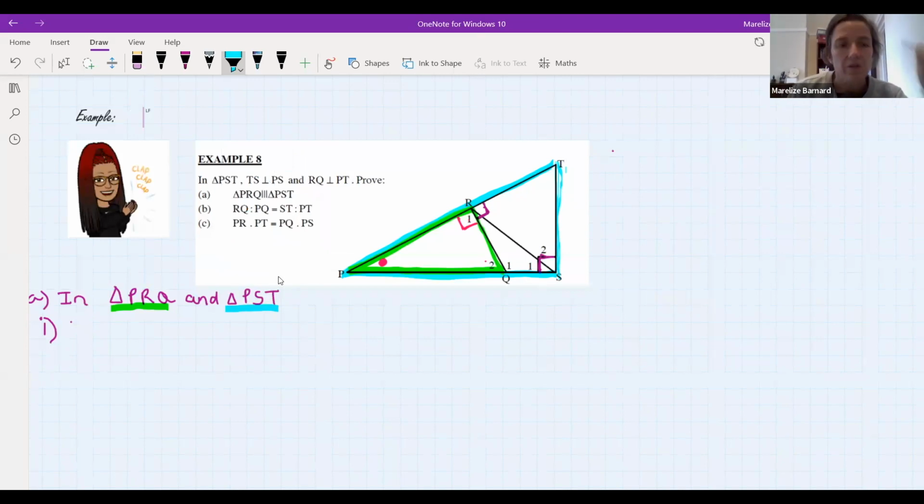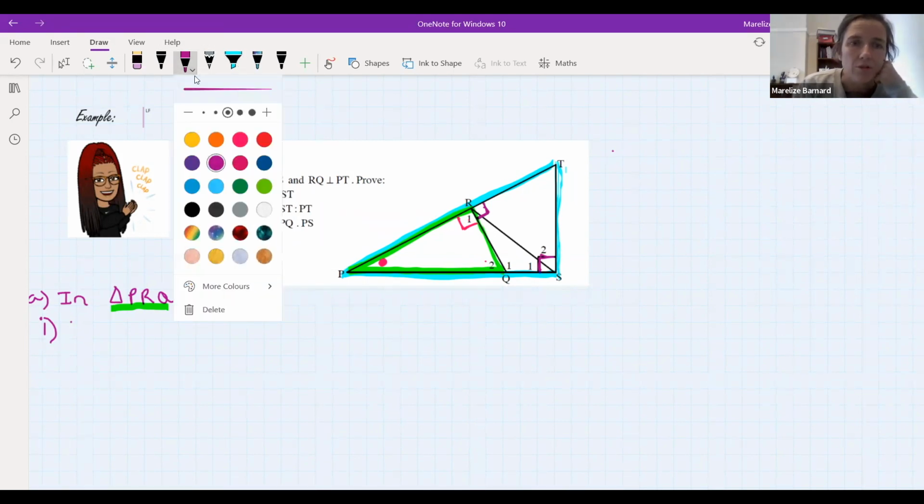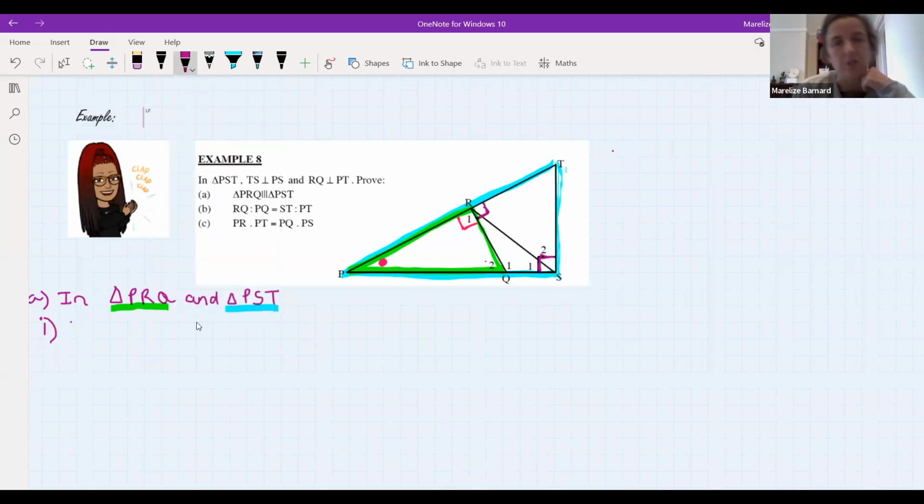So my proof can follow that order. I'm first going to start with angles from the green triangle, and then angles from the blue triangle. It seems a bit finicky, but it really does help to lay out your information quickly and relatively clearly. So we can say angle RPQ is equal to angle TPS.